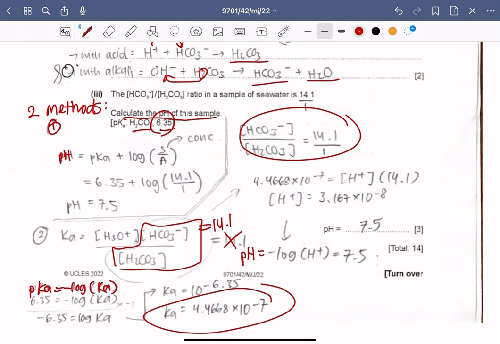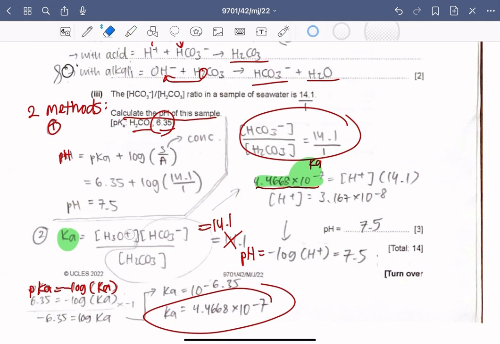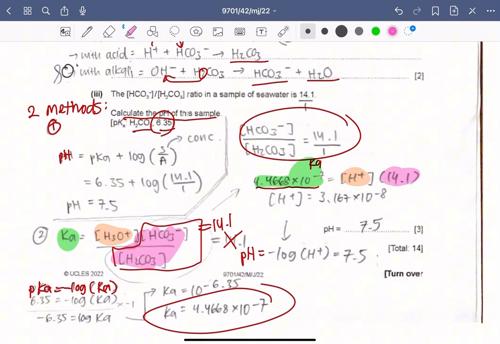So Ka, 4.4668 times 10 power negative 7, is equal to the acid multiplied by the ratio of the concentration, which is 14.1, and we rearrange it to get 3.167 times 10 power negative 8.